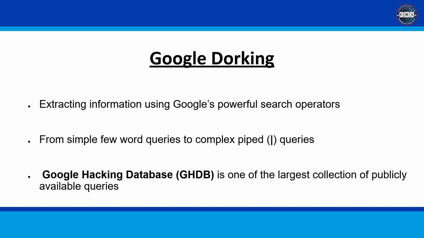All right. So what is Google Dorking? It is simply using some search operators that are provided to us by Google, and extracting information from websites, corporations, or different databases, wherever we want to extract this data from.